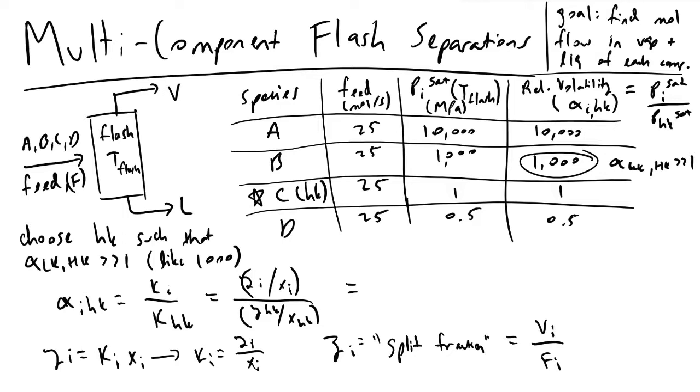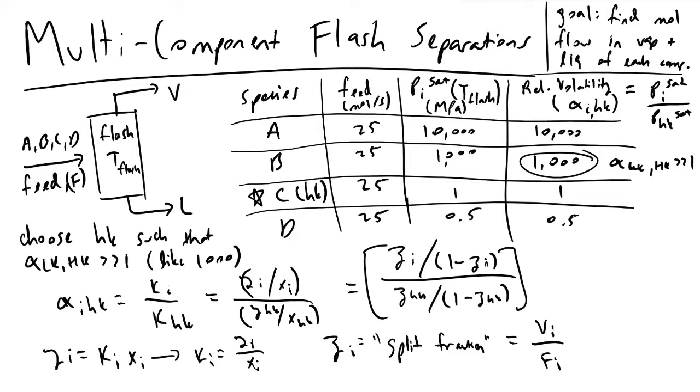So we can say that zeta sub i divided by 1 minus zeta sub i, over zeta sub HK divided by 1 minus zeta sub HK, is equivalent to this term that we've just written here. And you cannot explicitly equate y sub i with zeta sub i. They do not have a linear relationship, but if you view a textbook, you can find the derivation that proves this relationship holds. And this should make intuitive sense if you look at it.